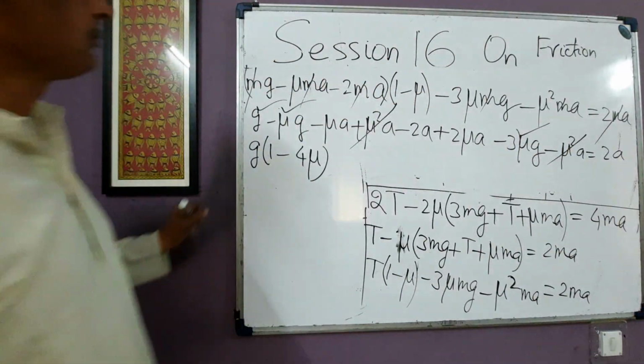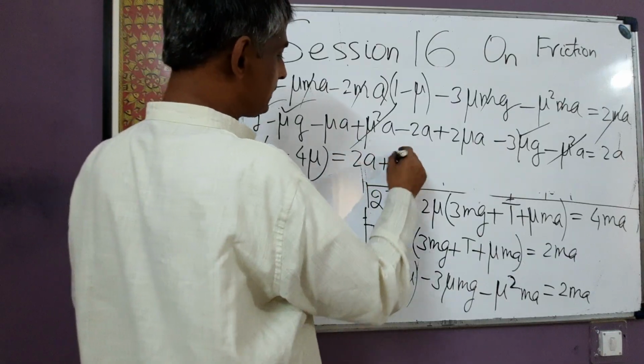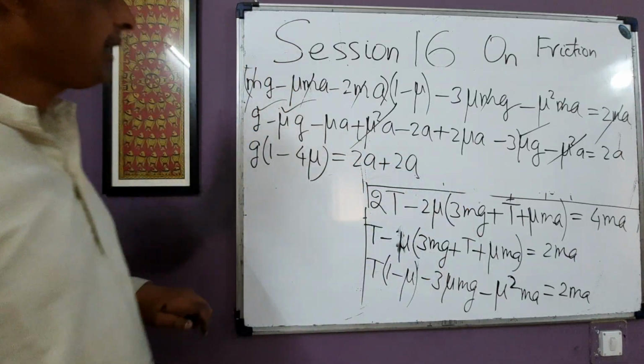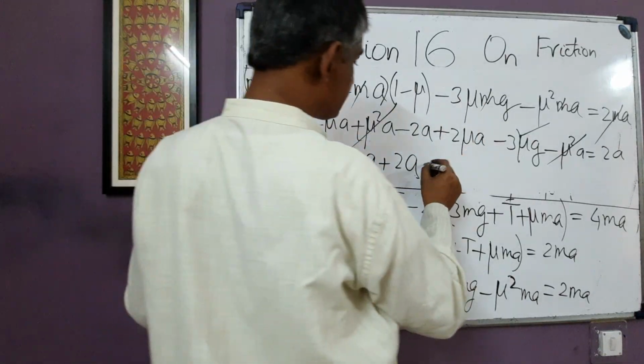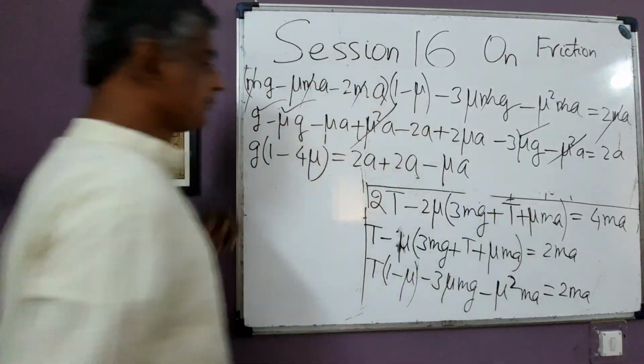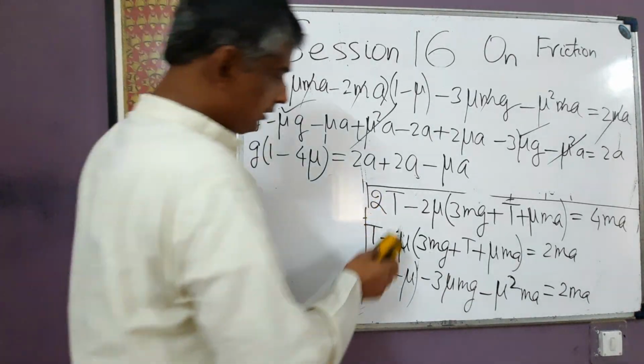Now we are left with how many terms? 2a goes that side, so that means 2a plus 2a. And what about this? Mu a minus mu a, simply plus mu a, it goes that side, so minus mu a.